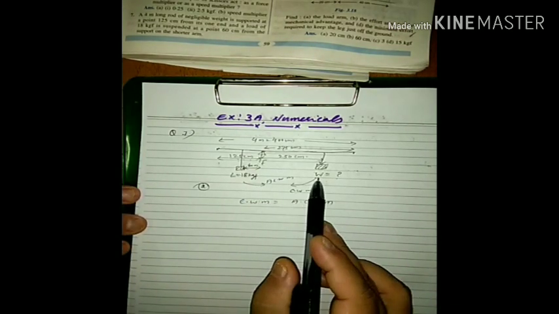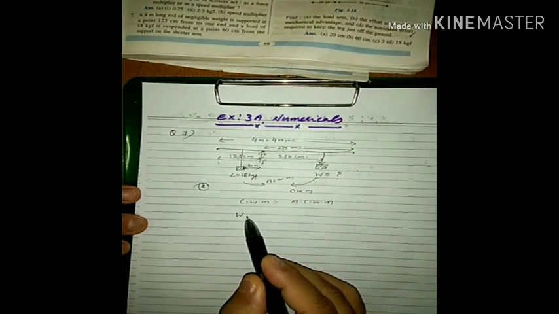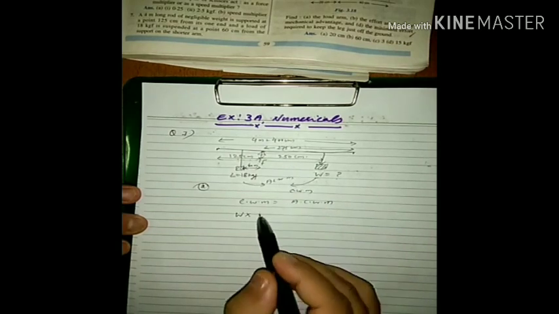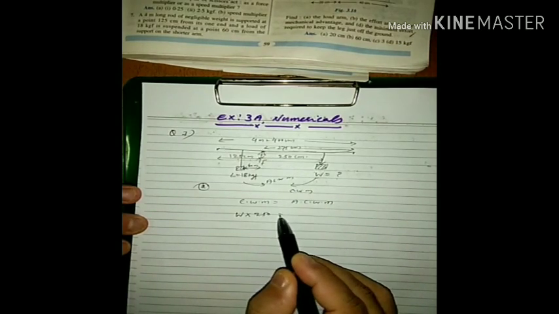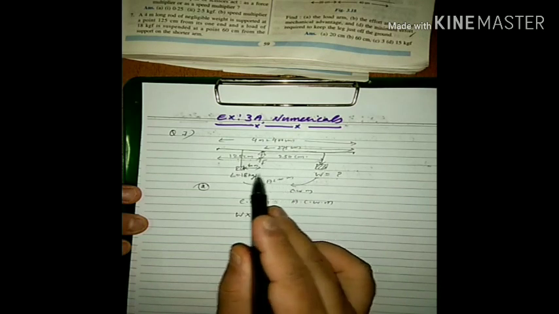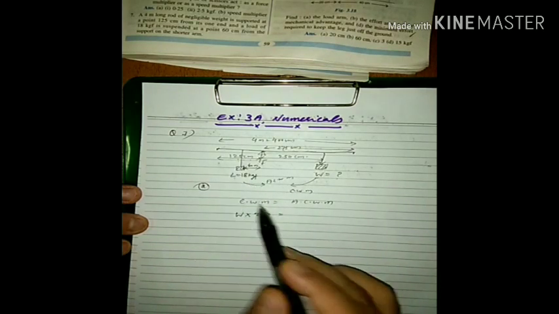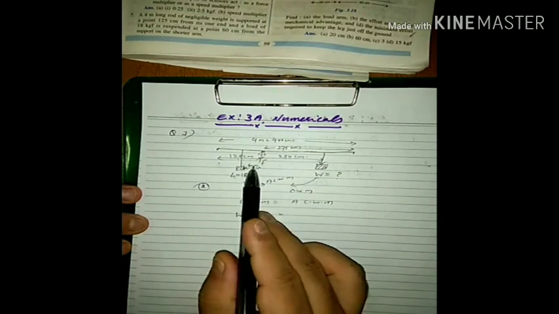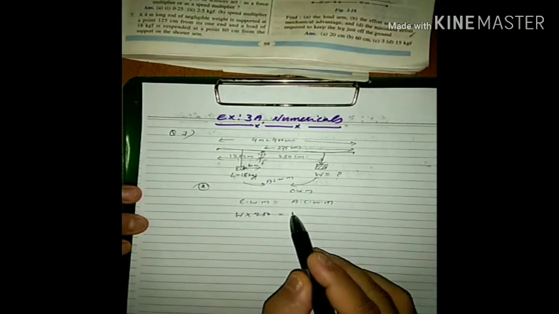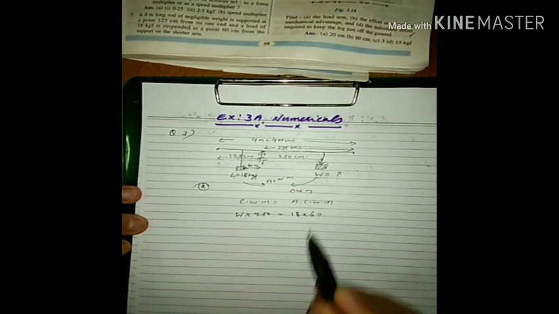What is clockwise moment? Force into distance. What is the force here? W. We don't know the magnitude of it, which you have to calculate. W into, what is the distance? 250 is equal to anti-clockwise moment. Moment due to the load. Load into the distance. That is 18 into 60.